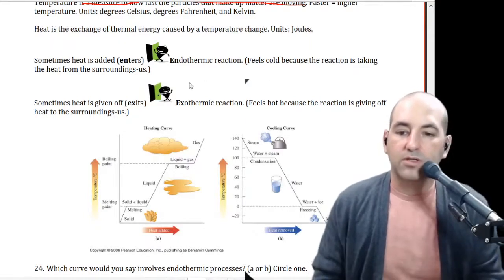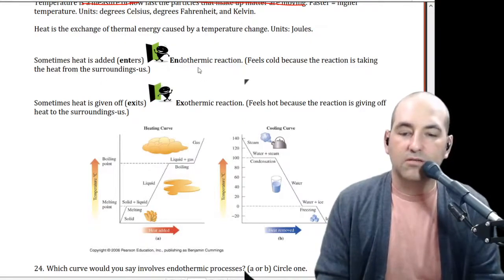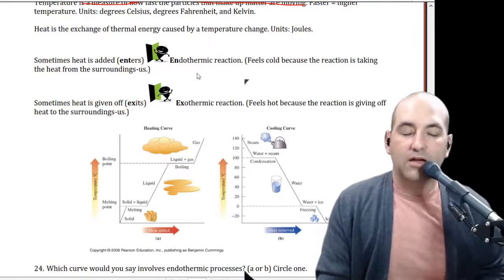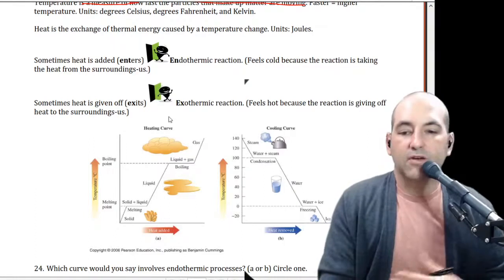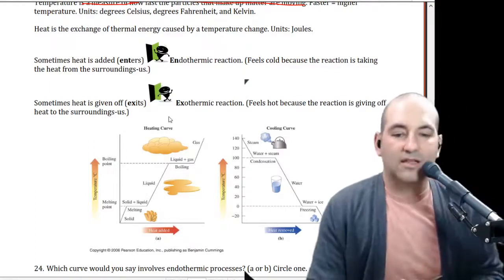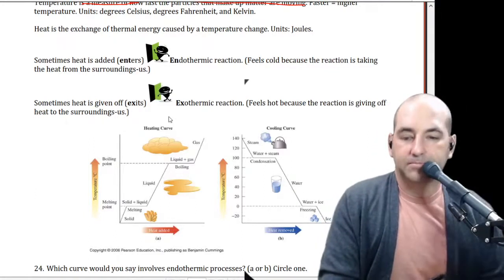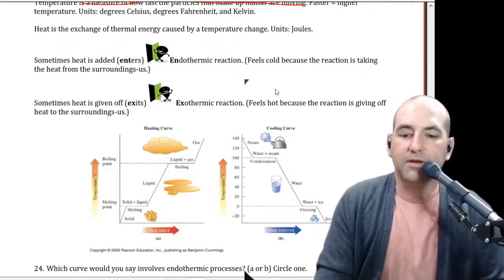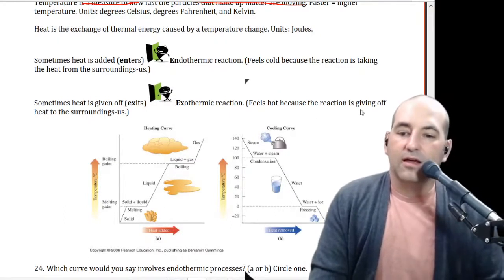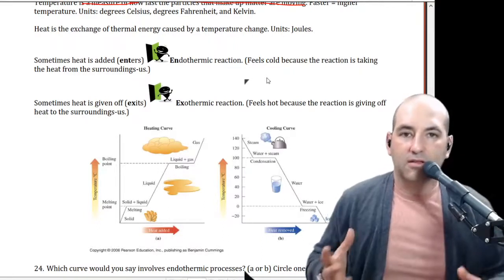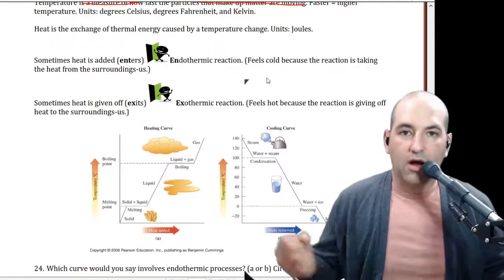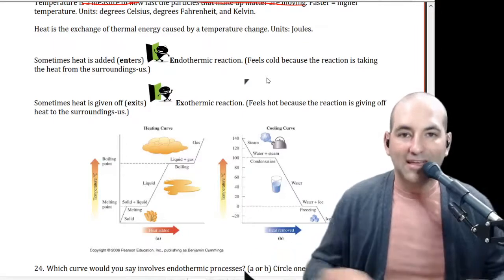When we talk about heat coming into a system, that's called an endothermic reaction. And when heat is given off, exiting, that's called an exothermic reaction. One thing that's a little bit confusing about this is an endothermic reaction feels cold. You are transferring energy into the system.